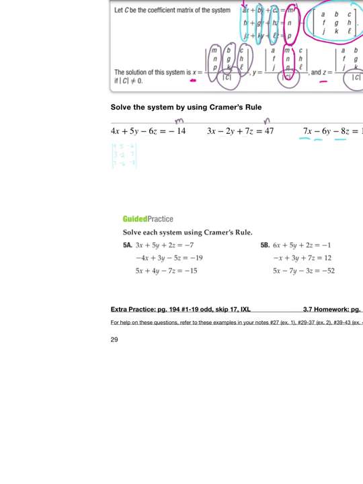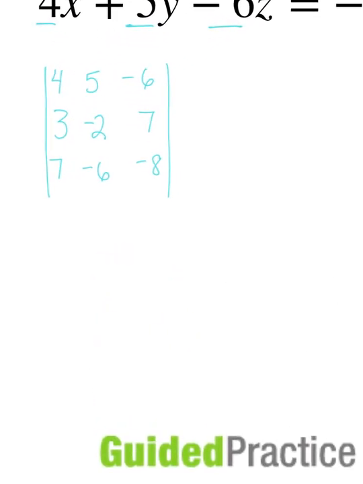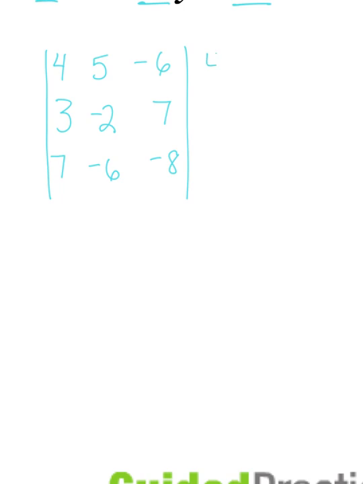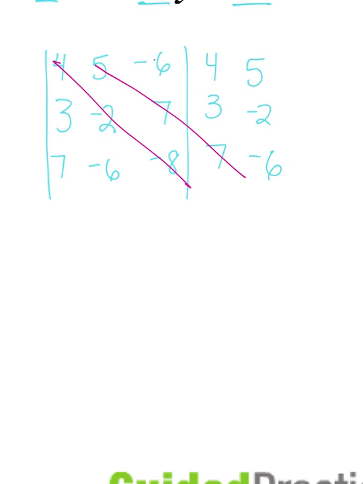Okay, so let's zoom in, get back to this one and solve it. So just like we did before, take the first 2 columns and rewrite it. And then multiply your diagonals. So this is going to get me 64, 245, and 108.